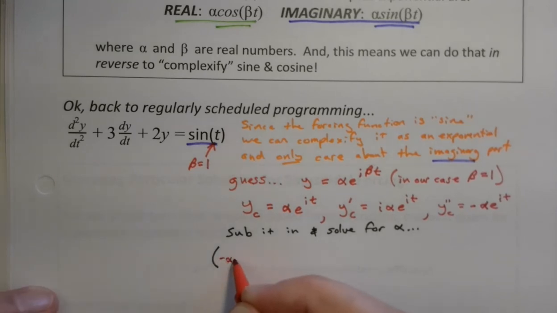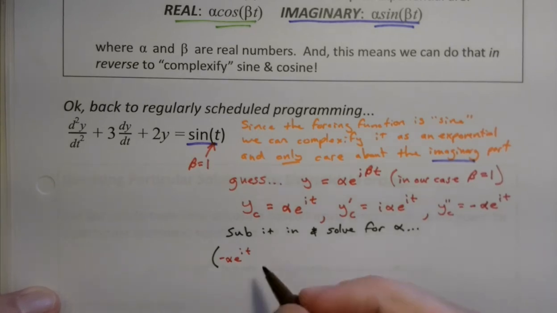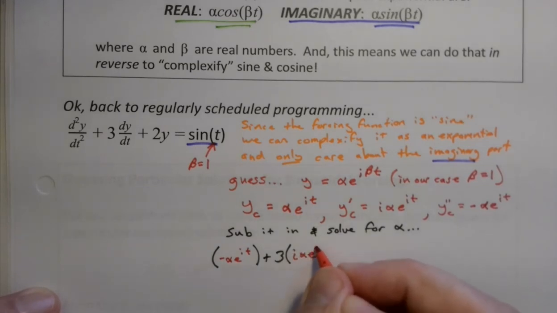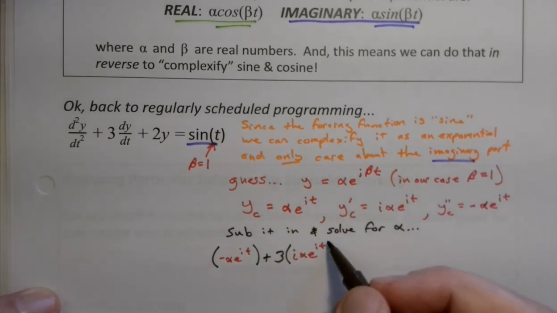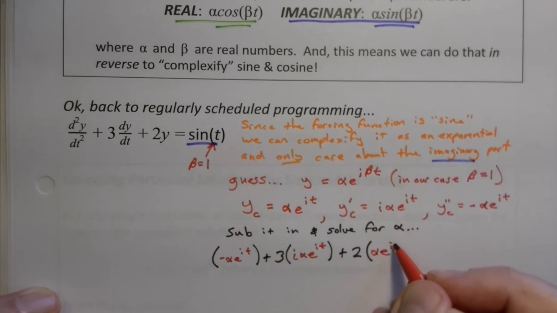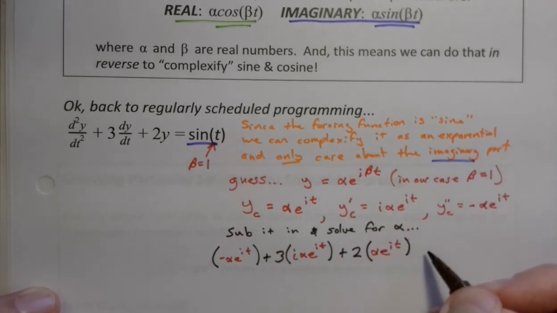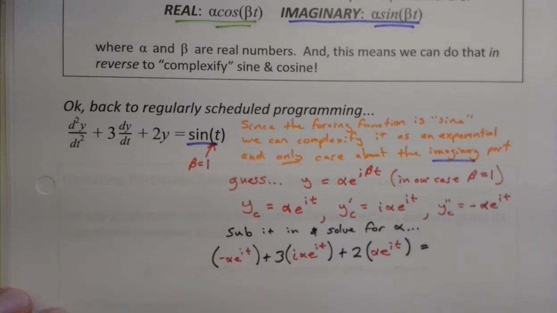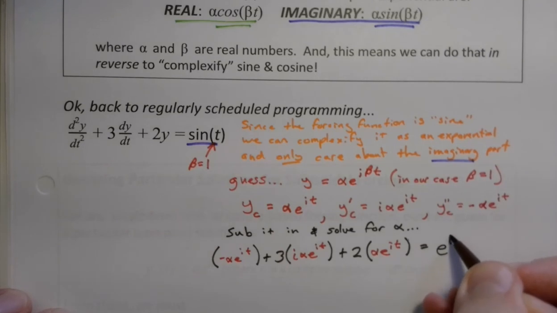Negative alpha e to the it plus 3 times our first derivative, which is I alpha e to the it, plus 2 times our original guess, alpha e to the it, has to all equal the right-hand side. And the right-hand side in this case is, we've complexified it, so it's equal to e to the it.